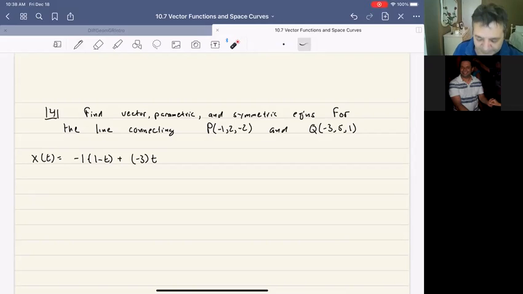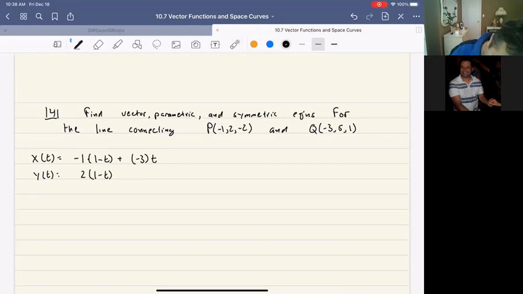If you think about it, when t equals 0, this is 0, goes away, and you're left with -1. When t equals 1, this is 0, goes away, and you're left at -3. Similarly, your y of t is going to be 2 times (1 minus t) plus 5t. z of t is -2 times (1 minus t) plus 1 times t.